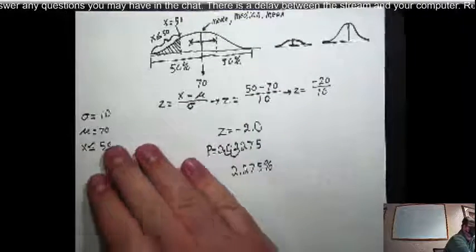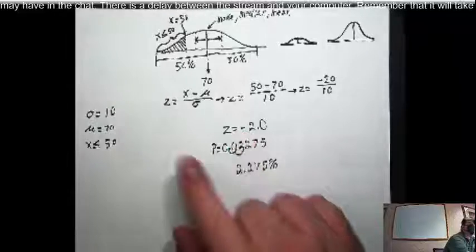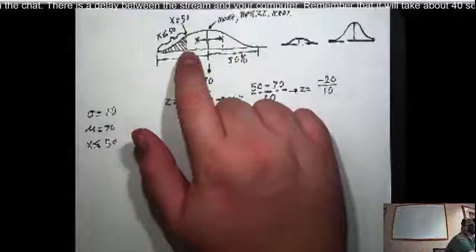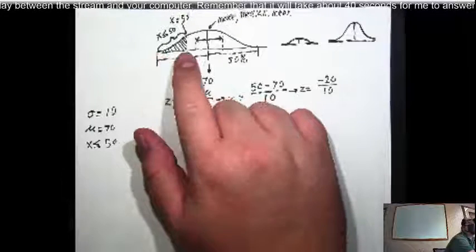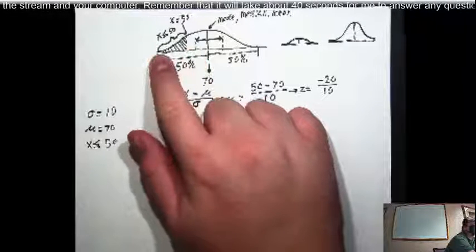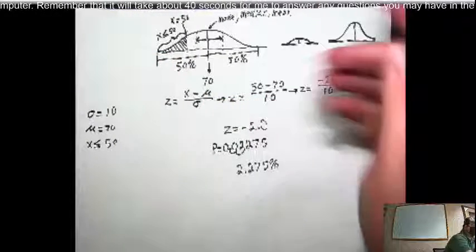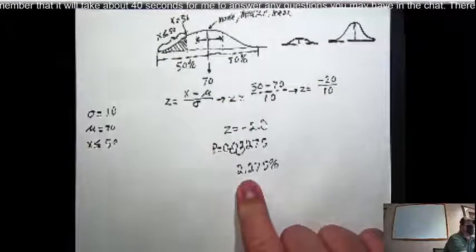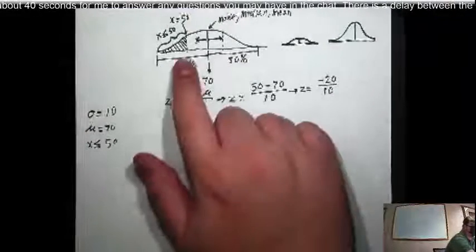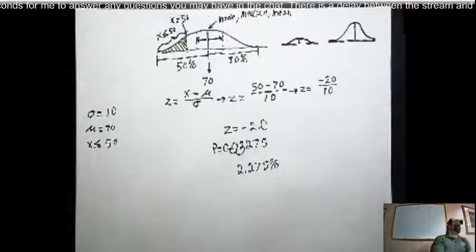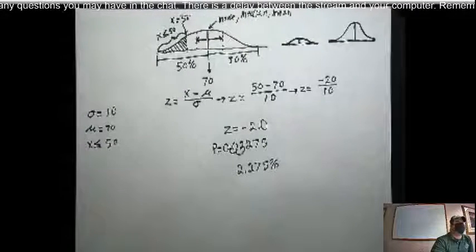Okay, so if we calculate all this, what we've just found for this data is that from here to here, so from whatever our lowest data point is to 50, in other words, 2.275% of our people in the retirement home are below 50. Does that make sense? Okay.